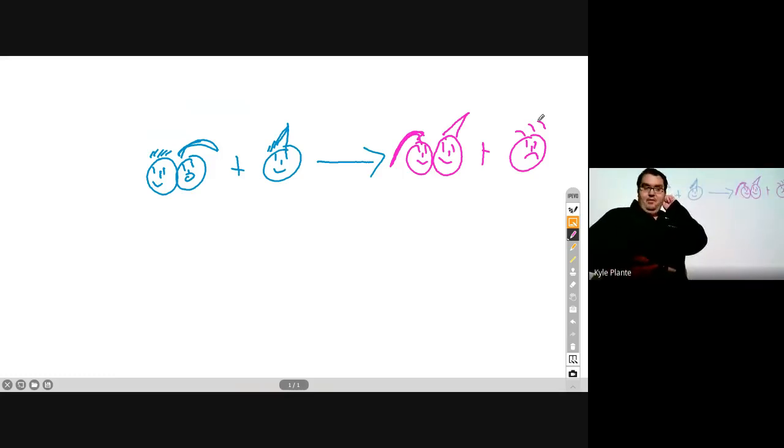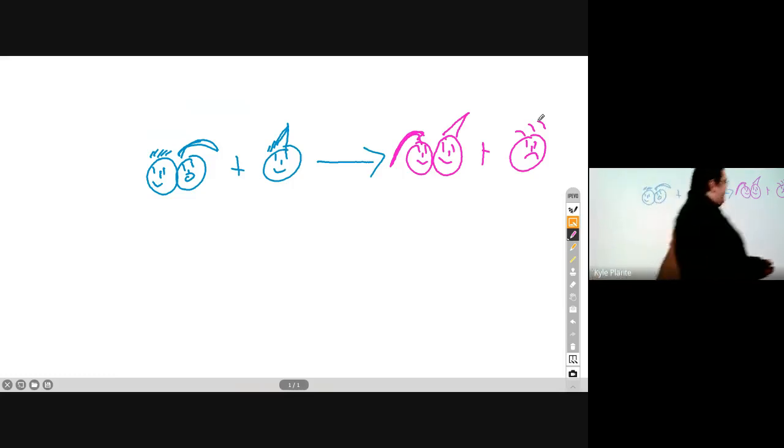Now spiky hair guy's leaving the dance by himself. So you have a single replacement reaction.